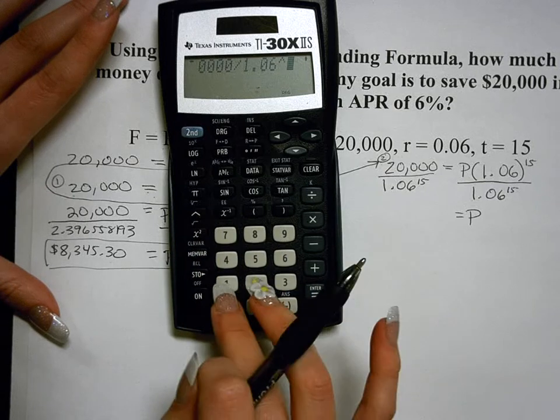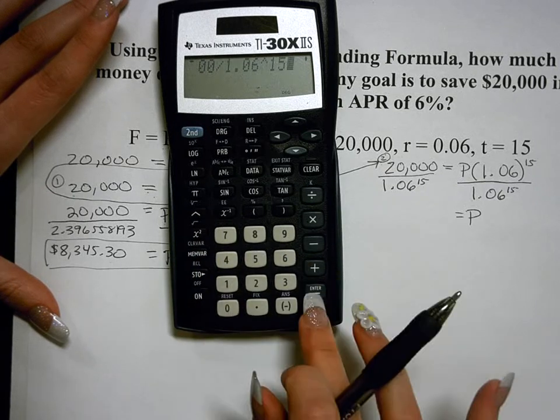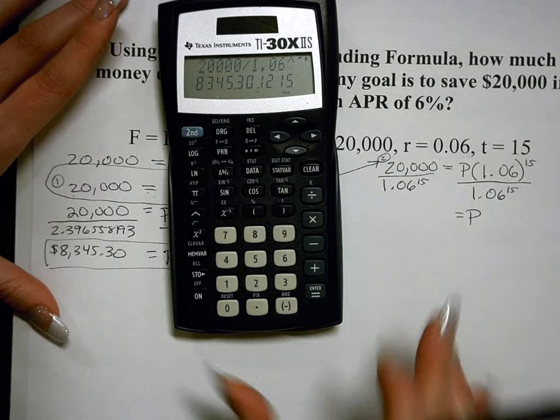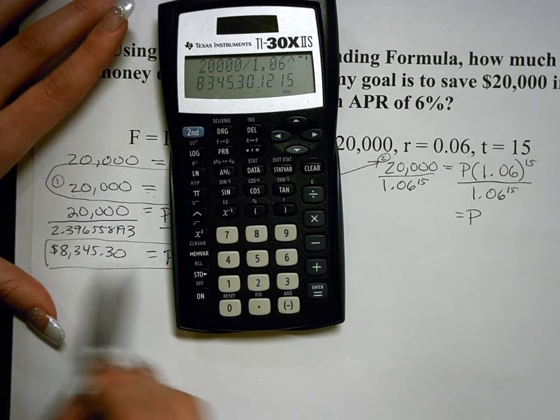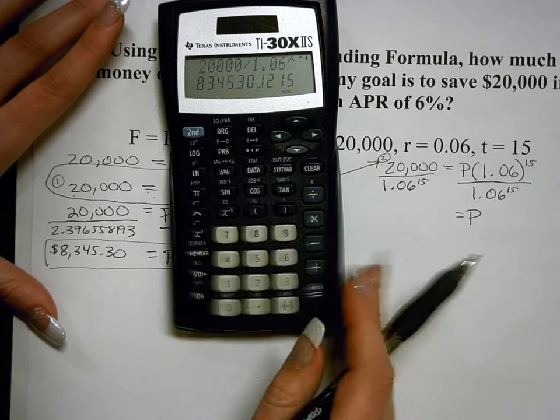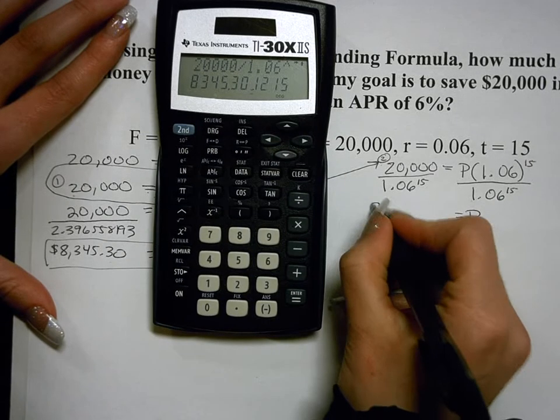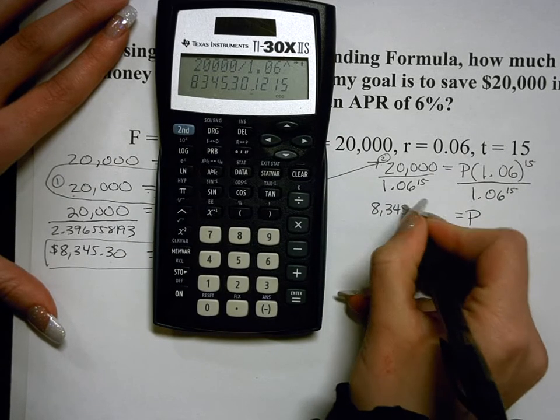I'm just going to put in 15 and then hit enter. And you end up with the same principal, our present value of money that we determined over here. So it's just two ways to come up with the same answer: $8,345.30.